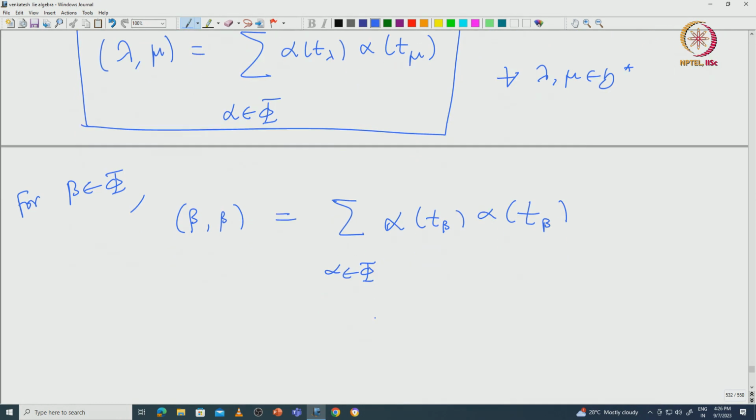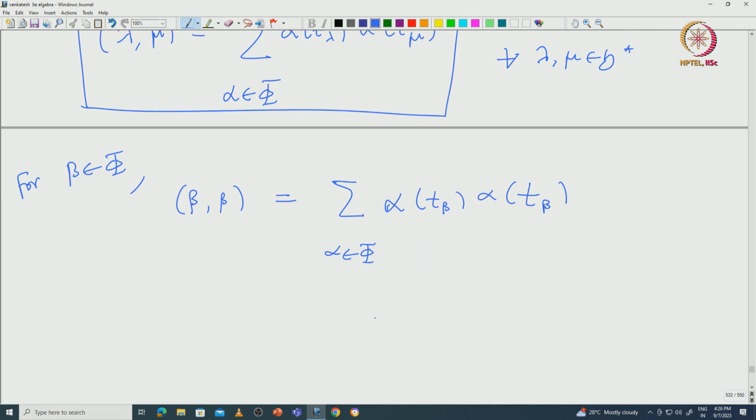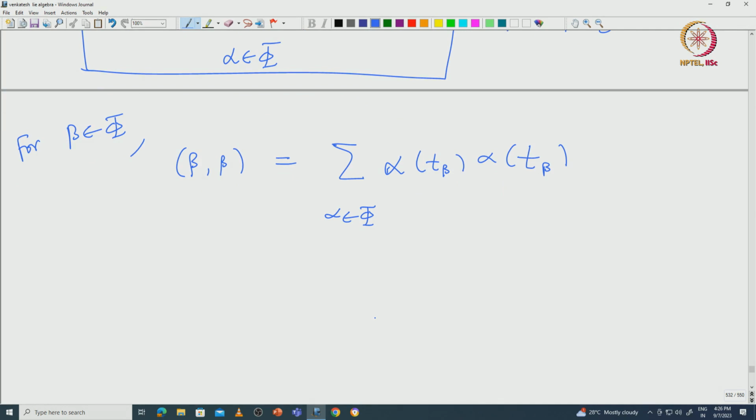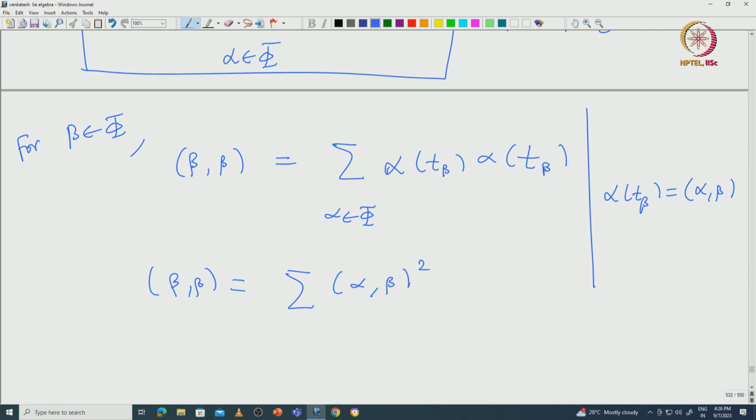So, now alpha of T beta will become a square. Note that alpha of T beta is nothing but given by kappa of T beta, T alpha, which is exactly (alpha, beta). So, then (beta, beta) is exactly equal to the summation of (alpha, beta) squared, where alpha runs over phi.